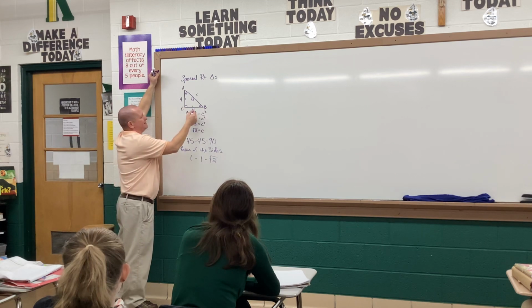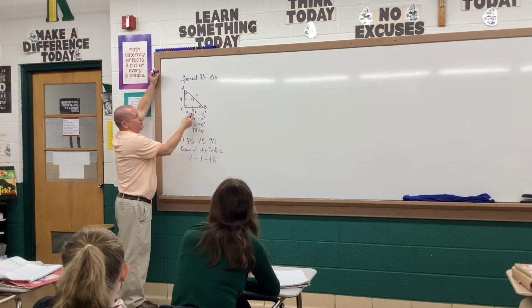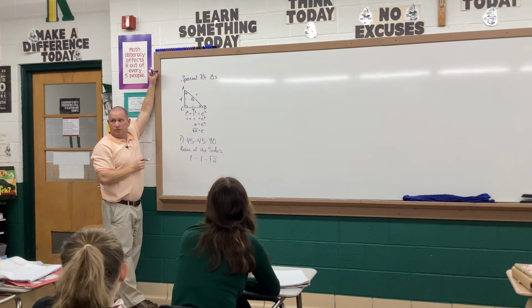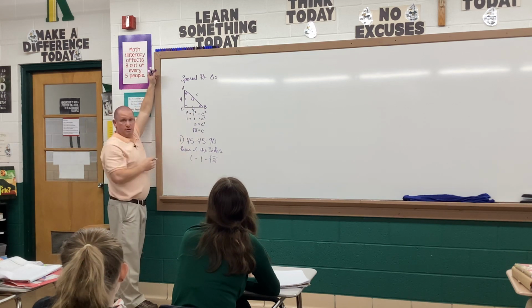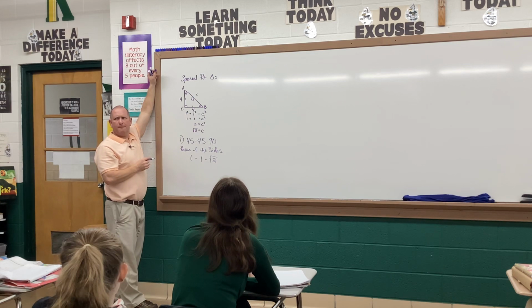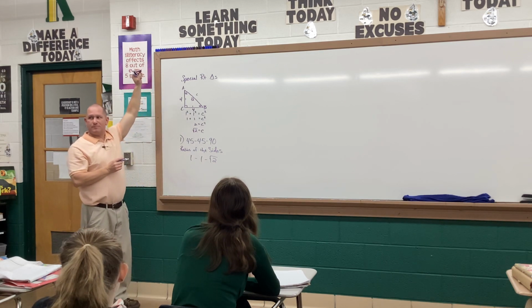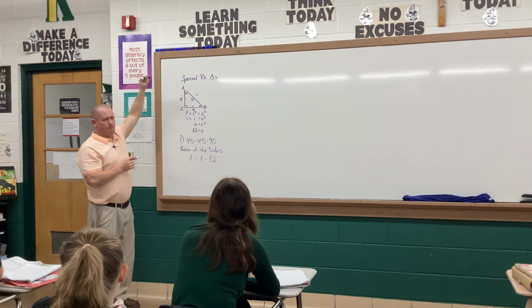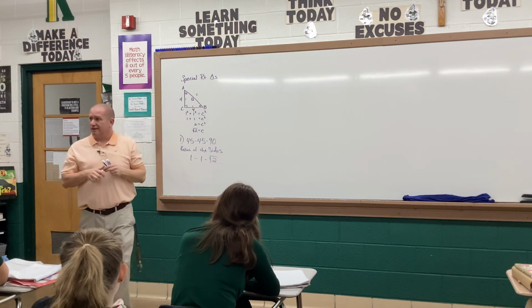So how do I make this side, which is our hypotenuse, square root of 2 times bigger than 4? What would I do to 4? Square both sides. Why? To get rid of the square root on the 2. But why do I want to get rid of the square root?